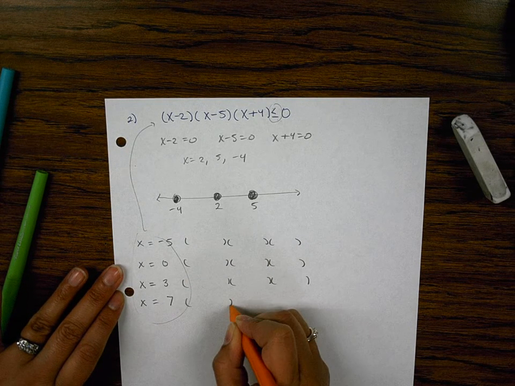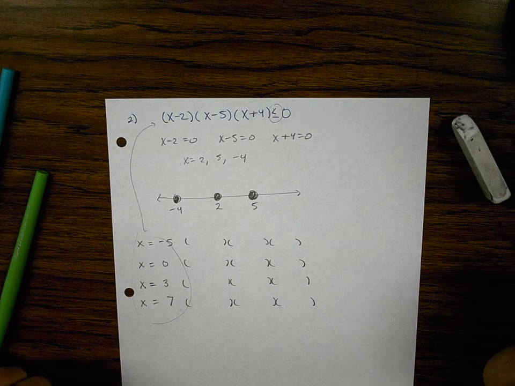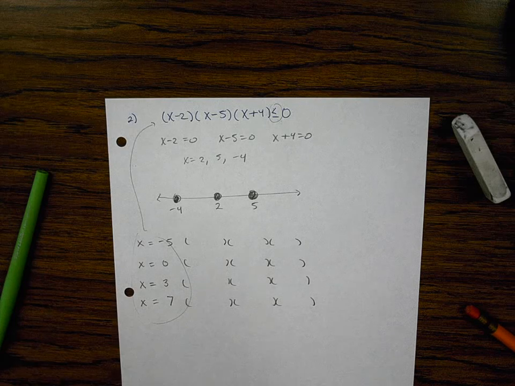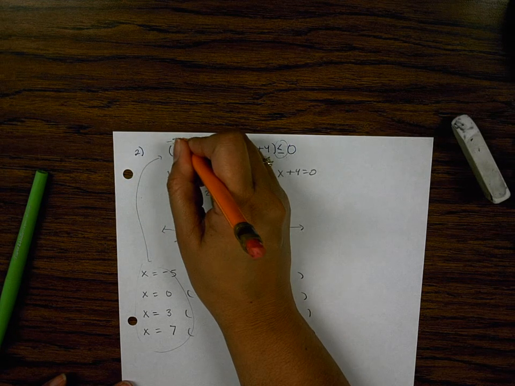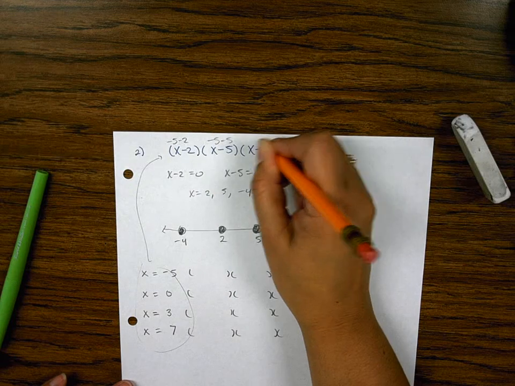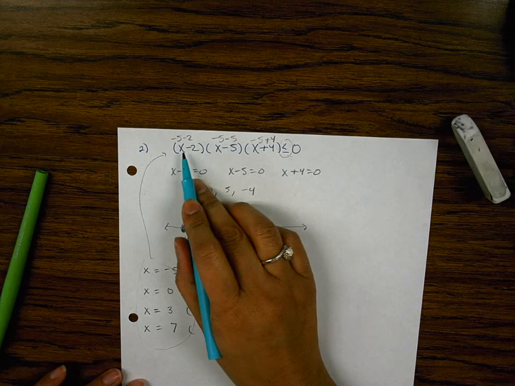Okay, 1, 2, 3. I always plug these numbers back into the original. For each one, there are 3 parentheses when it is in factored form. So that is what I'm going to test. Okay, here we go.